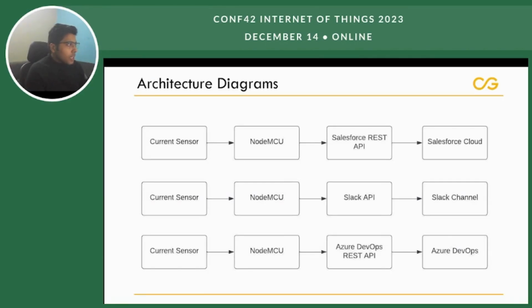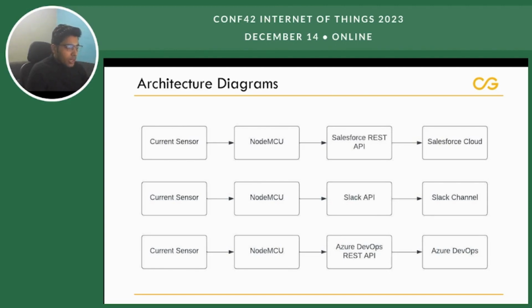Let's have a look at the architecture diagrams of these three integrations. This is how they look. As you have seen, with the help of APIs we were able to integrate our IoT device with our software applications, with minimal or no code changes in the existing functionalities, and not too much effort on the coding side.